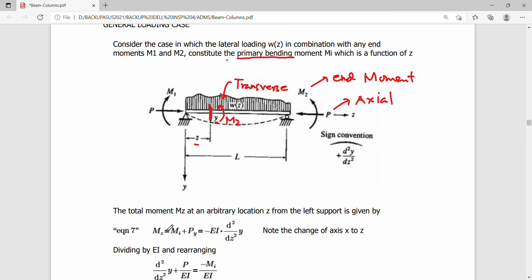And this total moment is simply related to the curvature behavior, wherein we all know that the moment is actually defined in terms of the curvature phi.